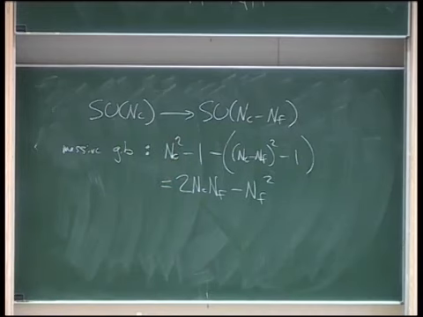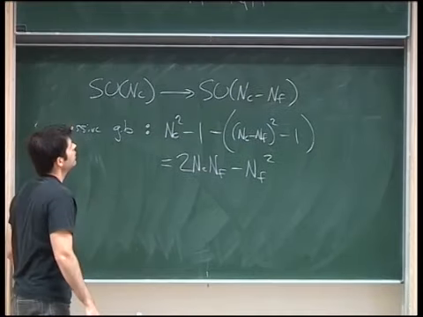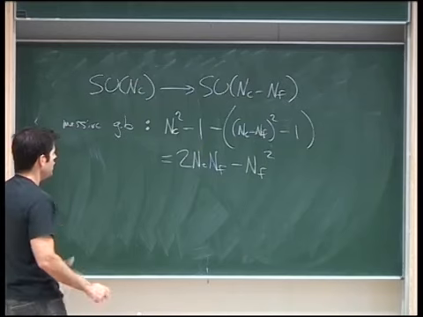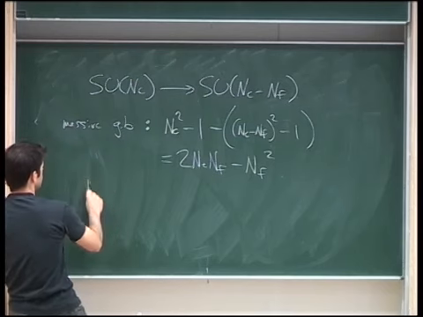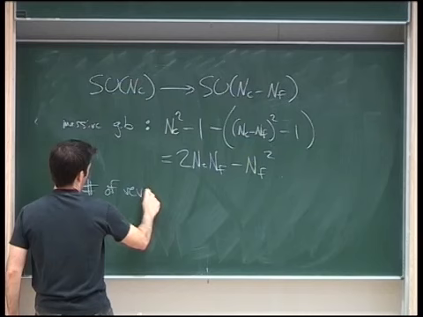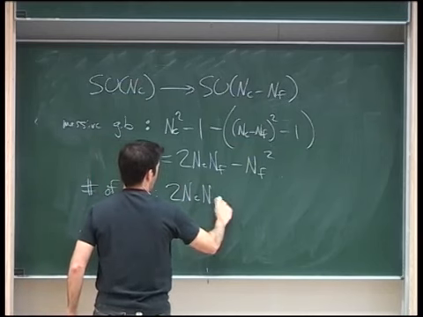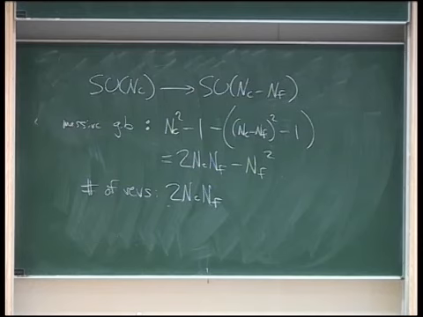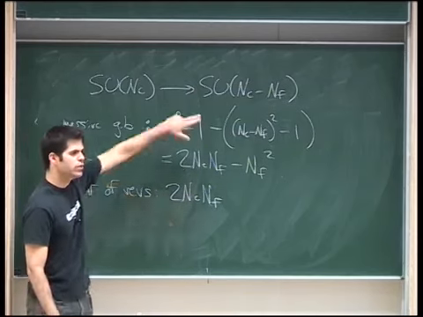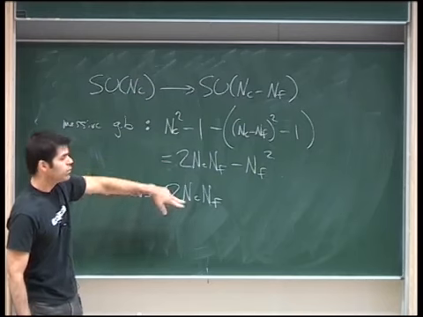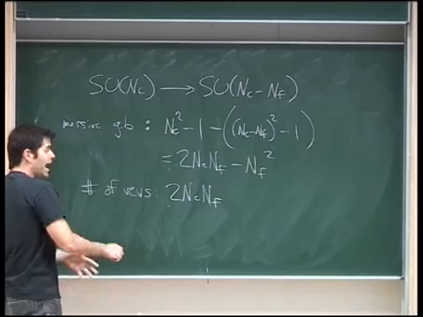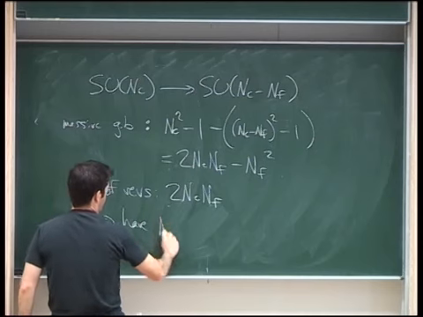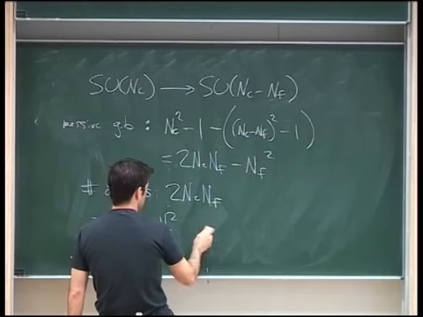But if I just give vevs to all my flavors here, it looks like I gave 2 NC NF vevs, right? I have 2 NF flavors and they're each in an NC-dimensional representation. But you can see the discrepancy between these two. I only needed to eat this number minus NF squared, right? So what I have left over, the things that didn't pair up, I have NF squared left over.